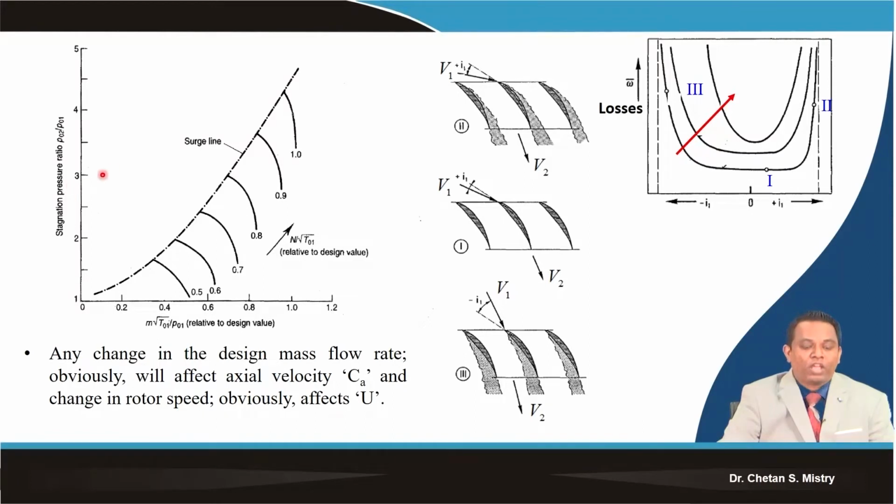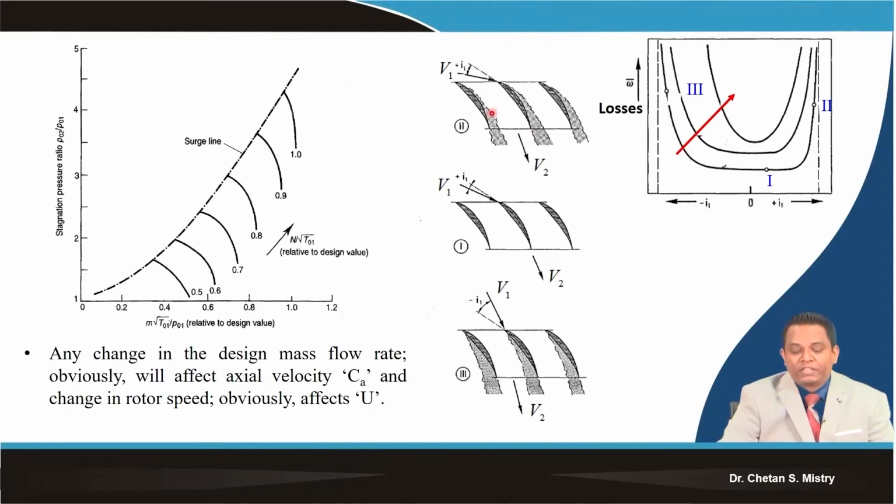Now when we are talking about the change of my speed or the change of my axial velocity, this is the meaning. So if you look at different speed configurations, my stall mass flow rate is different. At the same time, for different speed and mass flow rate combinations, my pressurizing capacity is different. So it is very important for us to realize what is happening with the change of my mass flow rate and what is happening with the change of our peripheral speed.